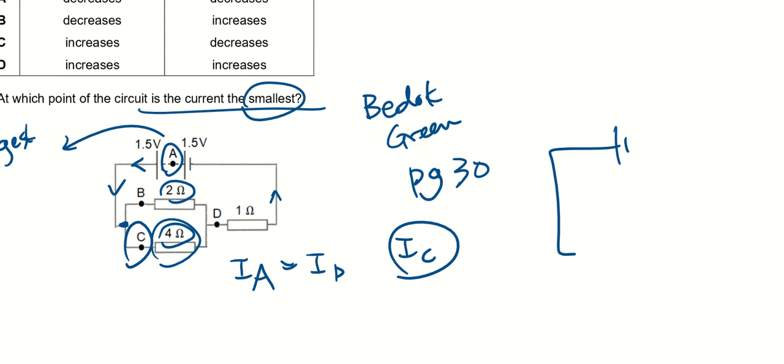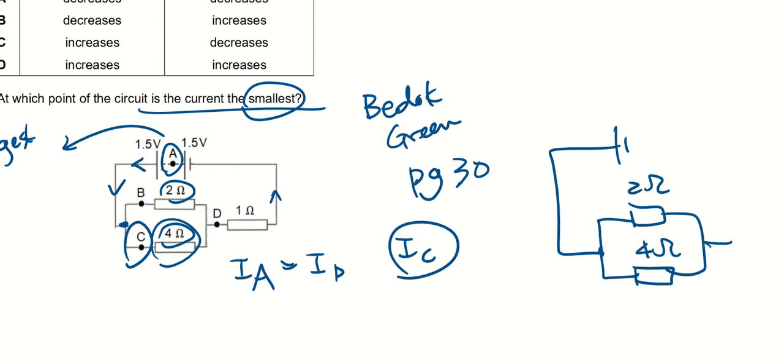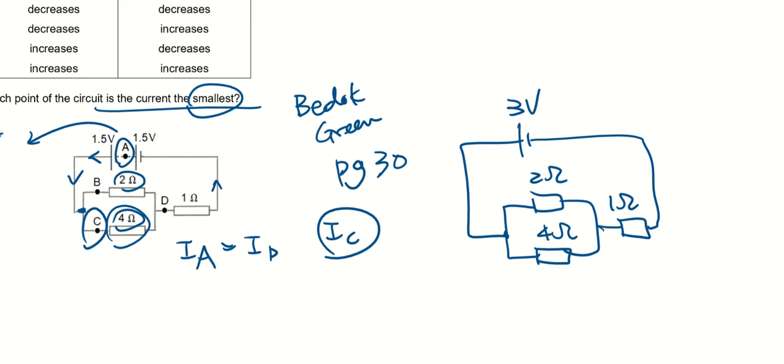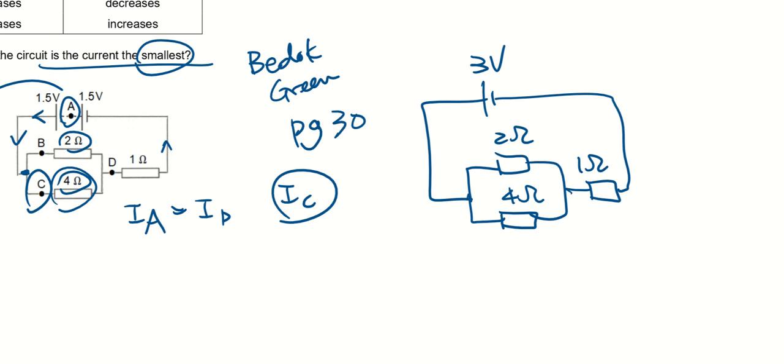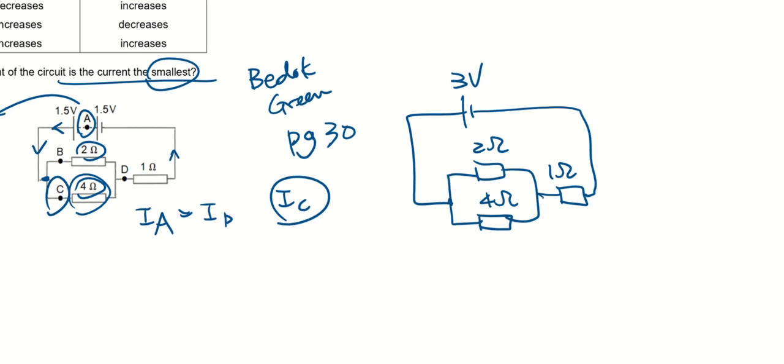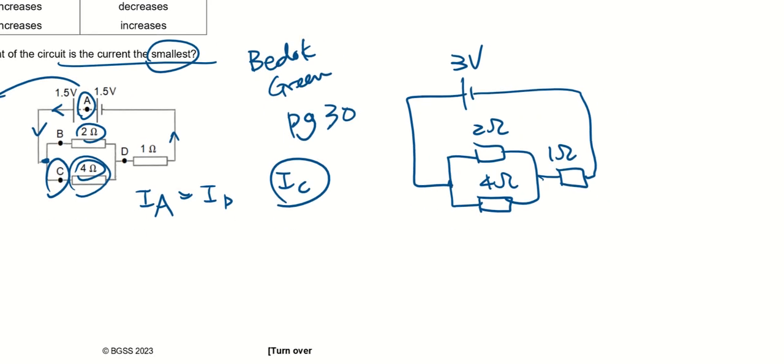So let me redraw this circuit. Okay, so 2 ohm and 4 ohm. Maybe you can use this to also try to resolve this circuit. So the whole thing is 3 volts, right? And now we have 3 resistors. The 2 ohm and 4 ohm are in parallel and then in series with the 1 ohm. So I will have to work on these 2 resistors first.